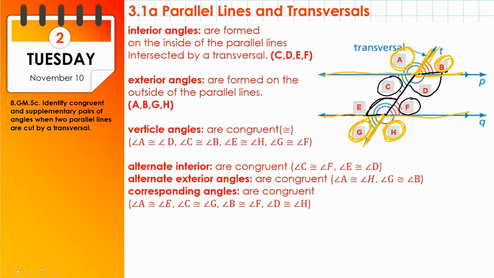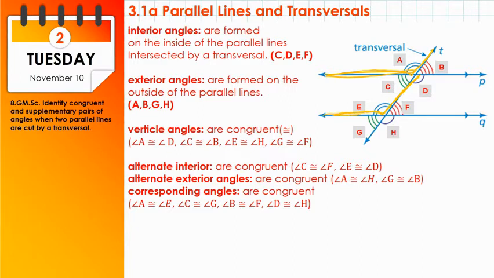Corresponding angles are congruent. We identify corresponding angles this way. Both on top, top of the line, E. So angle A and angle E are congruent.